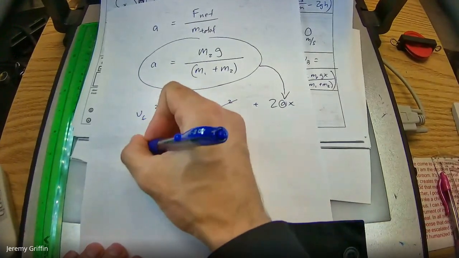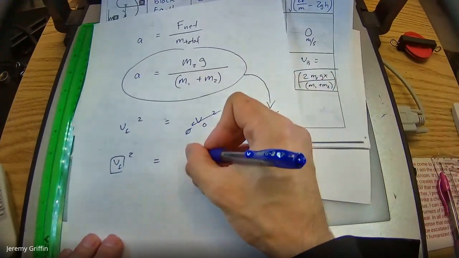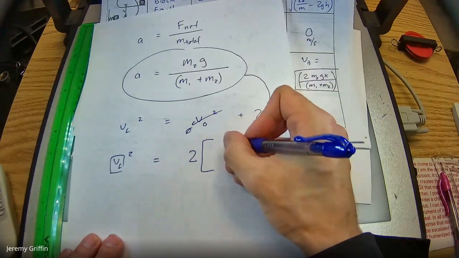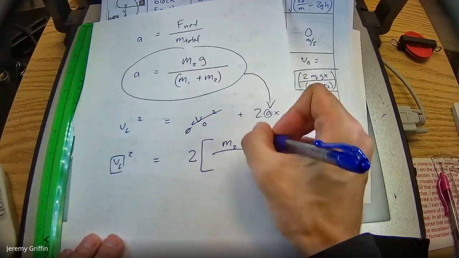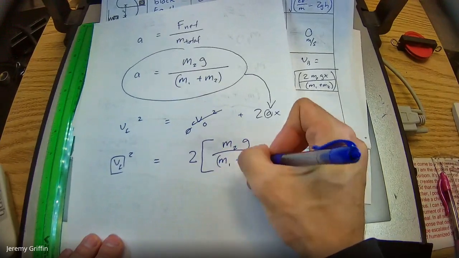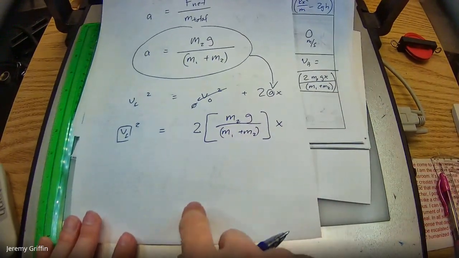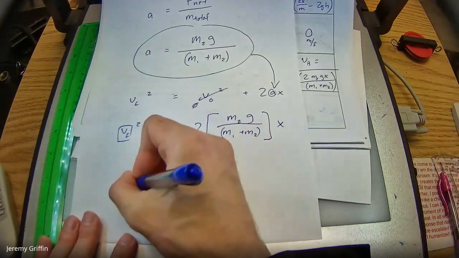What have we got? The speed at the end squared is equal to 2ax. So it's 2 times this big old fancy expression for the acceleration, all times the drop height. So vf is just the square root of that.